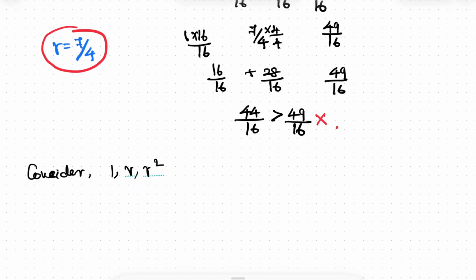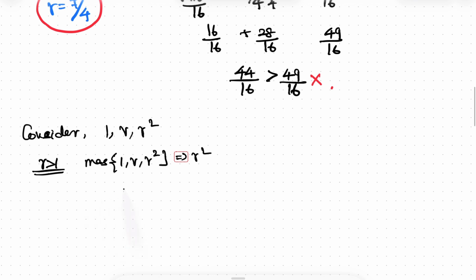Whenever r is greater than 1, among these three, the maximum would obviously be r square, right? So the condition is that the sum of the two smaller sides should be greater than the larger side. The reason I've taken r to be greater than 1 is that if r is less than 1, then r square would go even smaller. So it is very important to mention that r is greater than 1.